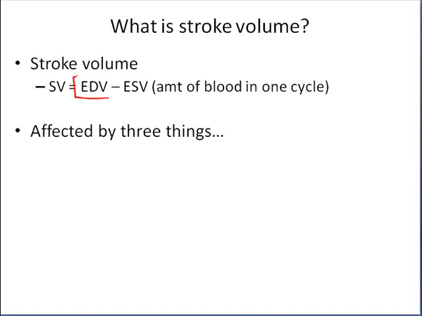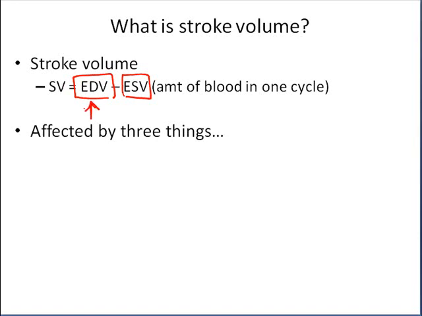Remember in my previous lecture, I talked about the end diastolic volume, which is the total amount of blood in the ventricle at the end of ventricular diastole and right before the ventricles contract. Remember too that end systolic volume is the amount of blood left over in the ventricle when the ventricle is done contracting. Well, if I take these two and subtract one from the other, it makes sense that that tells me how much blood was ejected from the heart.